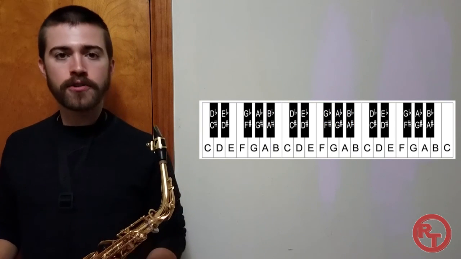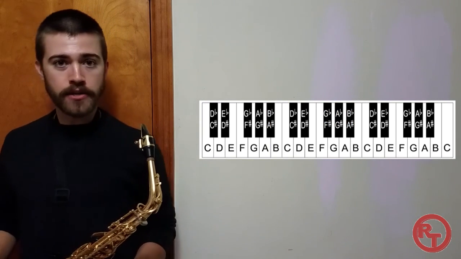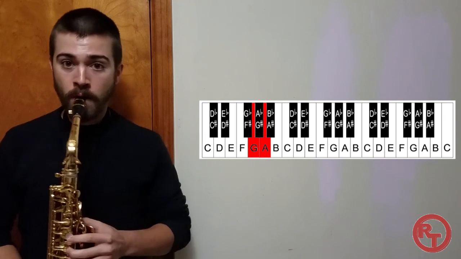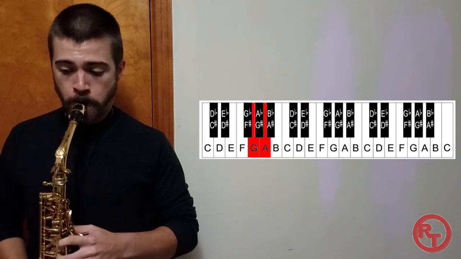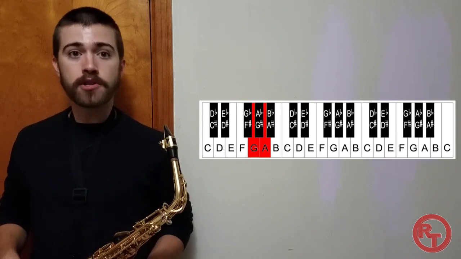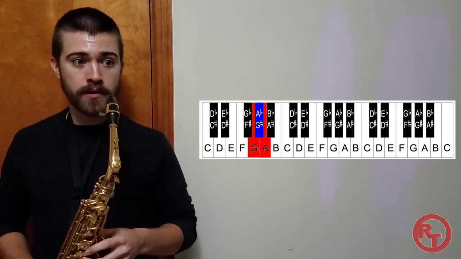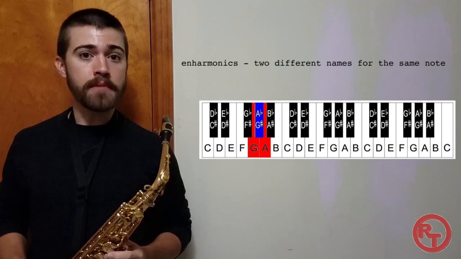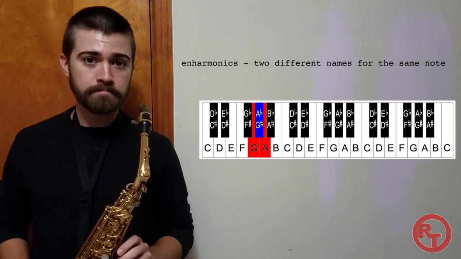For example, the first 2 notes of the concert B flat major scale on alto saxophone are G and A. If I look at my fingering chart, I'll find that there is a note in between, named either G sharp or A flat. And those are 2 different names for the same note, or enharmonics.